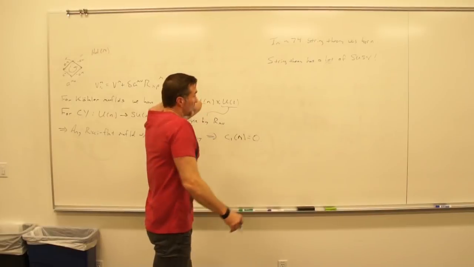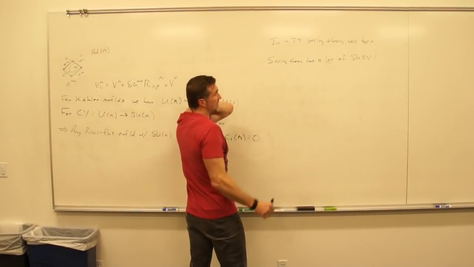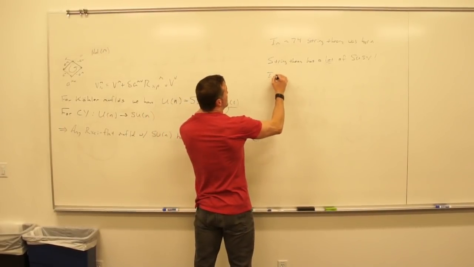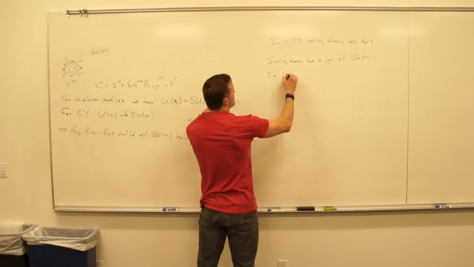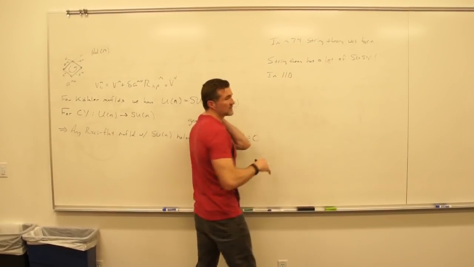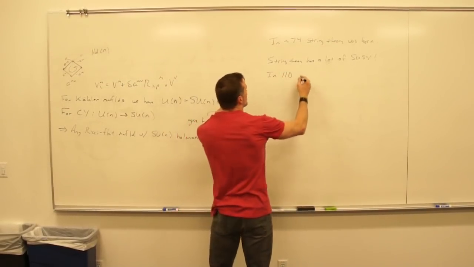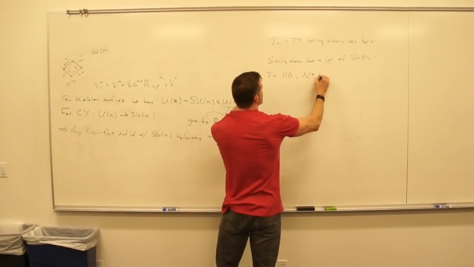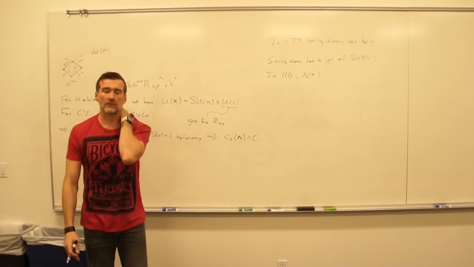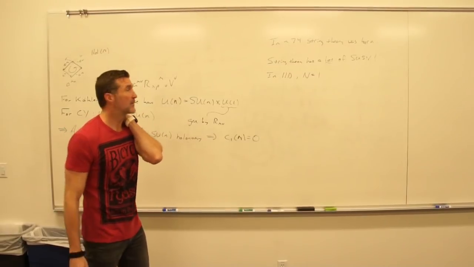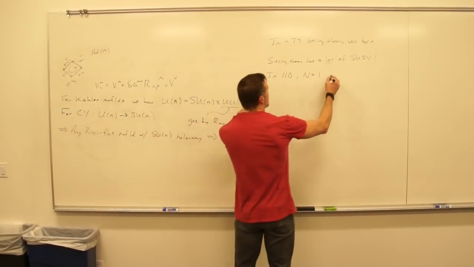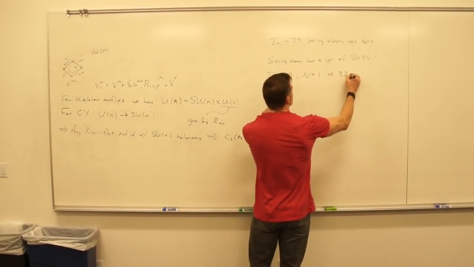Okay? So we talked about this when we talked about extended supersymmetry, but in 11D, which is where M theory lives, the smallest supersymmetry, which is what we would colloquially call the N equals 1 supersymmetry in 11 dimensions, this actually has 32 supercharges.